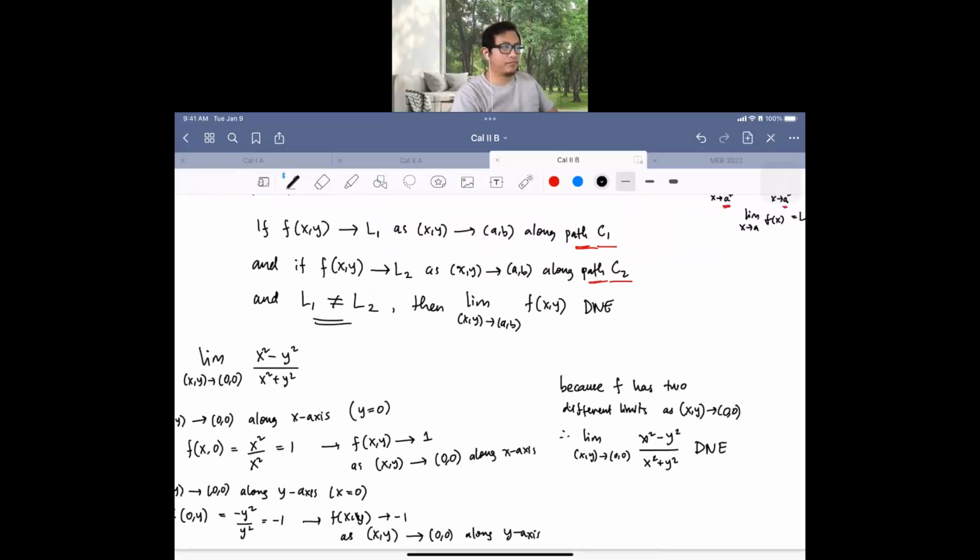Okay, and the curves y equals 0 and x equals 0 are typical curves that are easiest to conclude from.